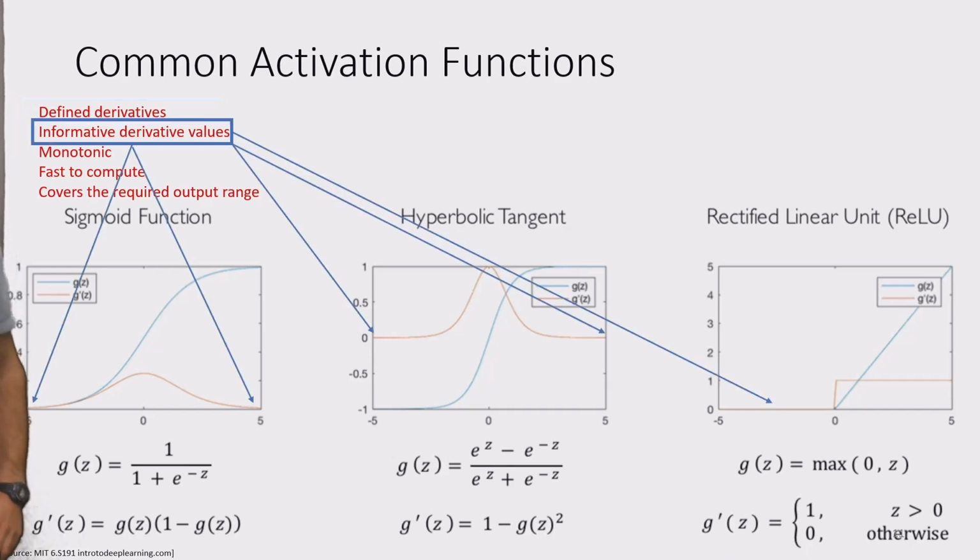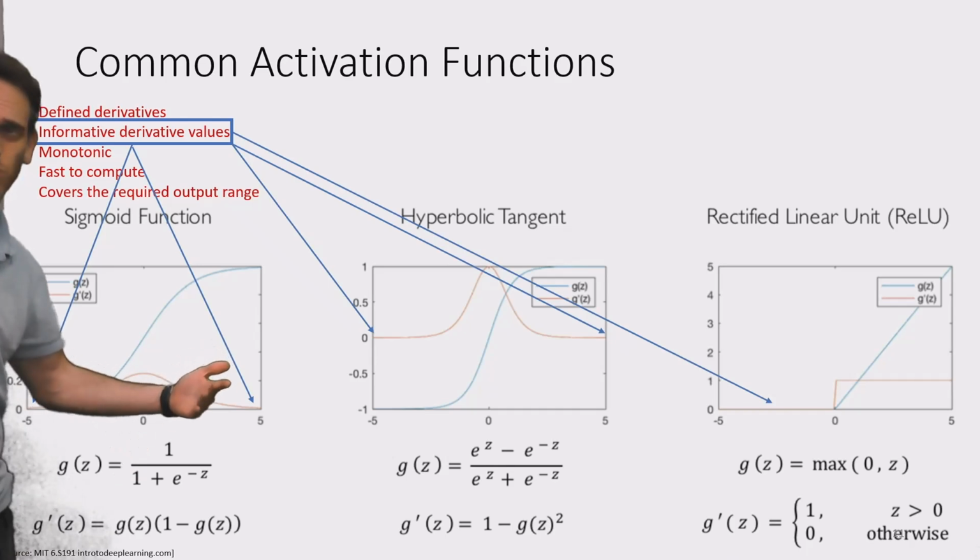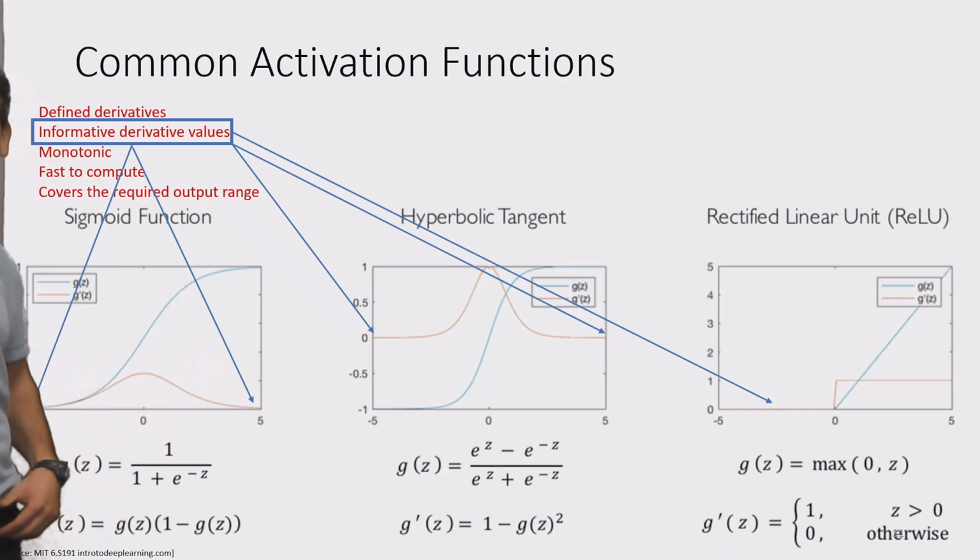Are the gradients informative? Well, they could be better, but they're not that bad. They could be better because the sigmoid and the tanh functions have some regions where the derivative tends to 0 and might be very low, which might make it difficult to make progress in these regions towards the true optimum.